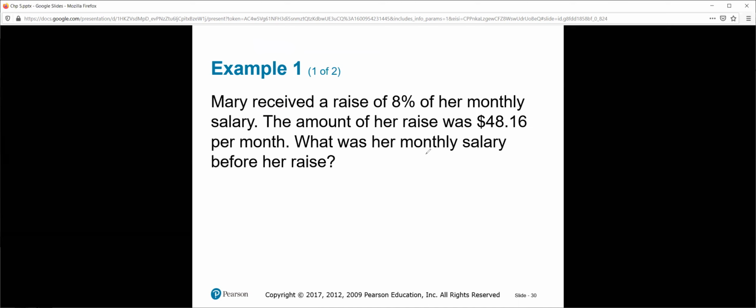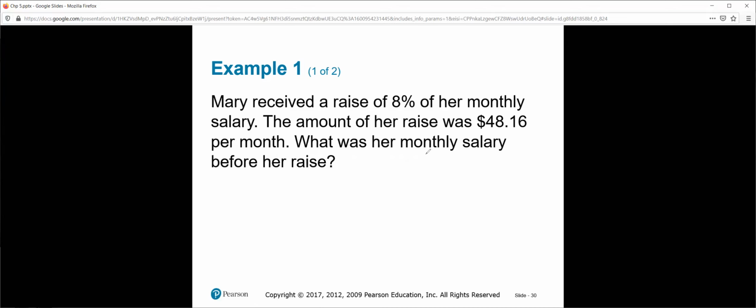In this case, this is a figure out the fraction that equals the percent, or by context clues, what we've been doing. And then we need to solve for it, because what we're asking here is an 8% raise of 48.16 is what to the original, right?